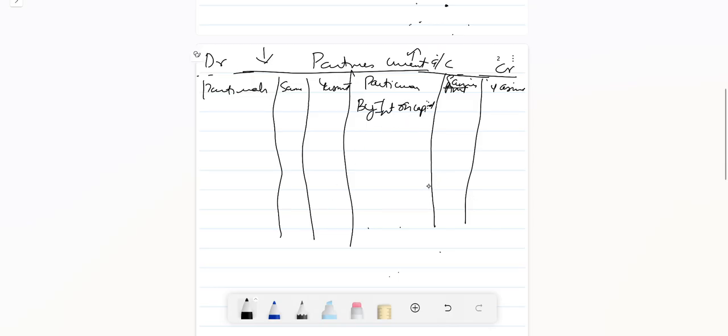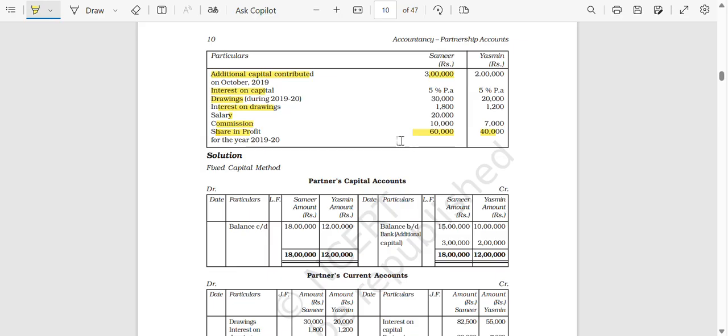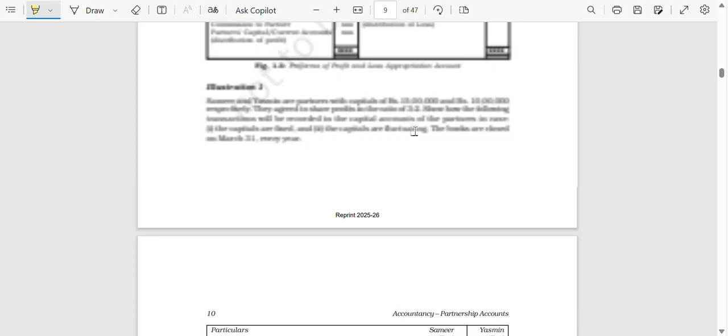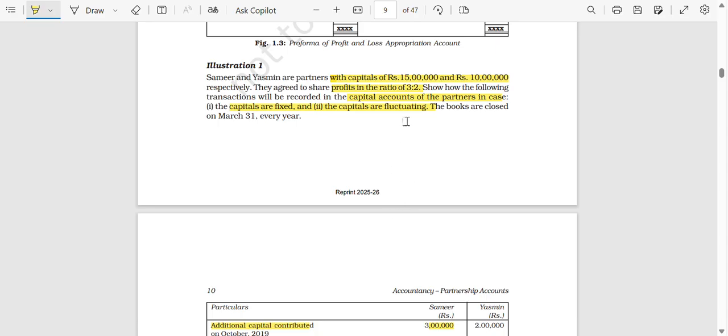So we have to calculate how much the interest is. We will do the workings. So how much is the capital? Samir, 15 lakhs into 5 divided by 100, which will be equal to 75,000, plus additional capital. How much is the additional capital?